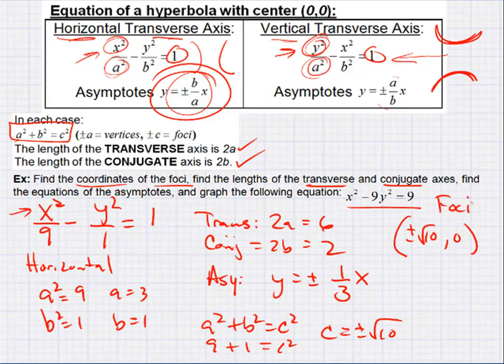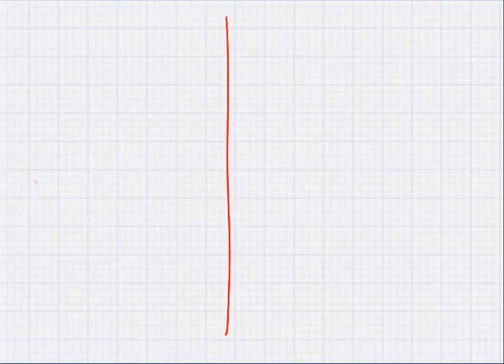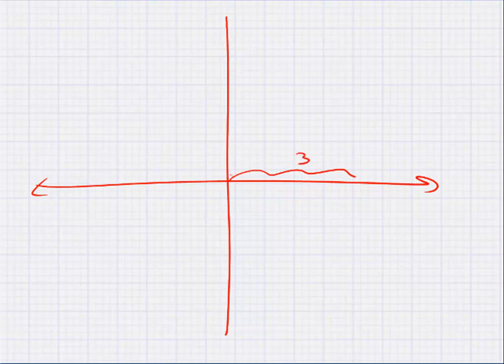And then if it asks me to graph it, well, if I'm going to graph it, I'd say, alright, well, I got a horizontal distance of 3, a vertical distance of 1, and this is my A here, this is my B here.